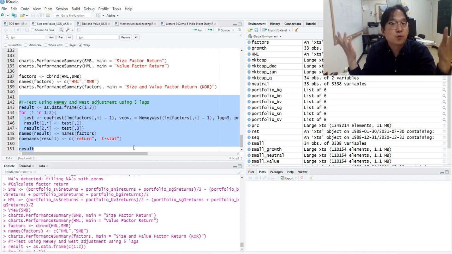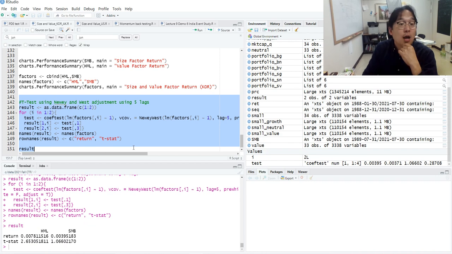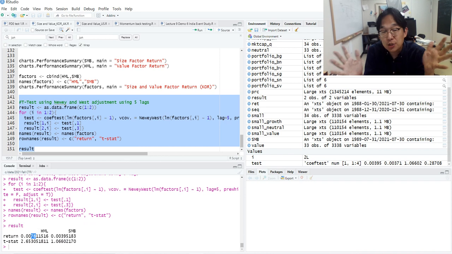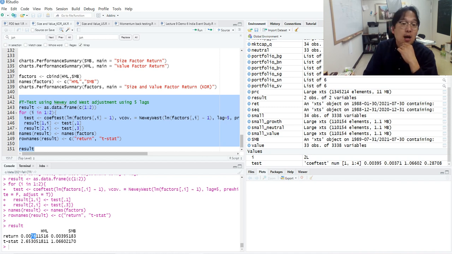The average monthly return of the value strategy was positive 78 basis points, which is 0.78% every month, on average. So multiply it by 12, it's gonna be about 9% annually, and a statistically significant return, okay.